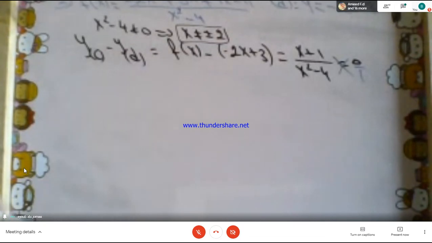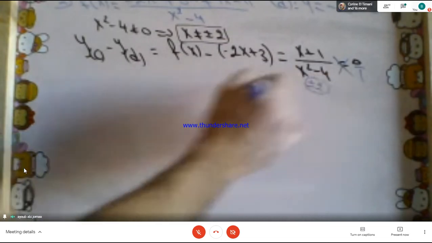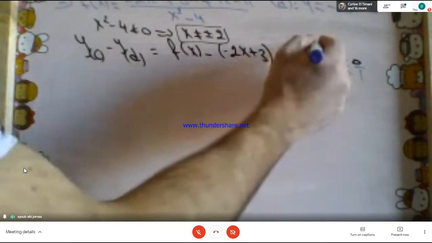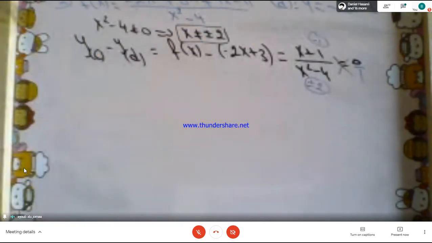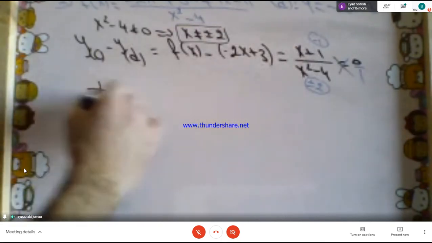Like x squared minus 4, the roots positive and negative 2, and x plus 1, the root is negative 1. So if you are going to determine the sign of this rational expression, we are going to use a similar table.